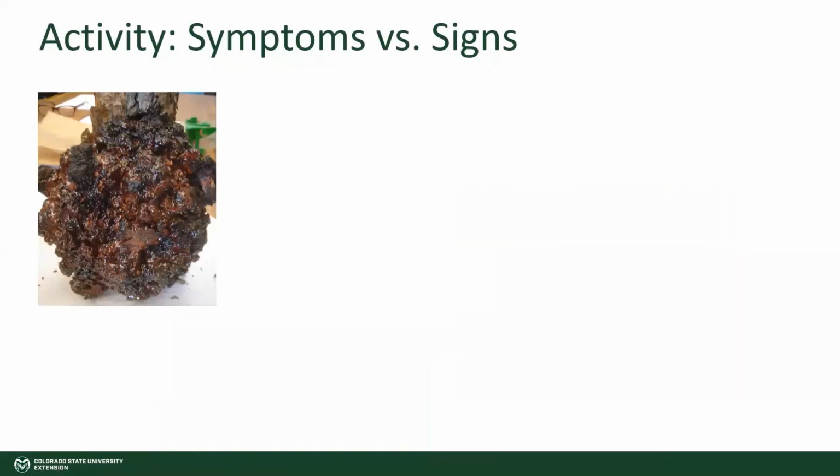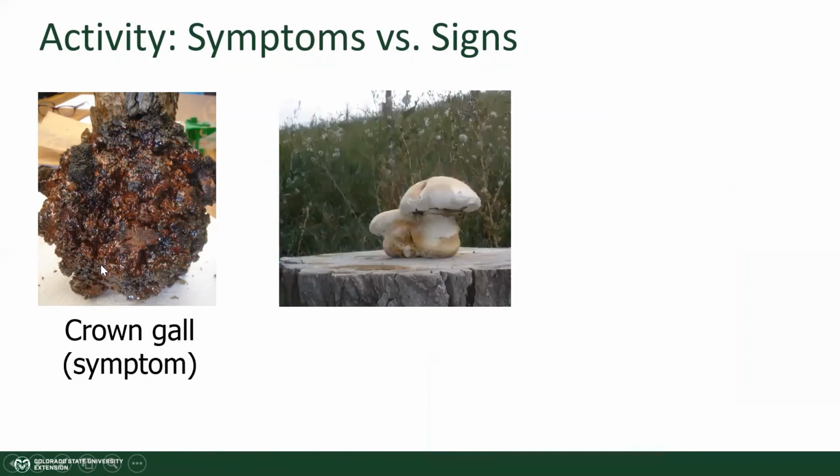So we're going to start with this one. And this is a crown gall. And as I mentioned before, the galls are symptoms. So this is tissue from the plant. So this is not the pathogen. The pathogen is making the plant create a gall, but this is plant tissue. So this is a symptom. This is a mushroom, and mushrooms are what? Signs, right?